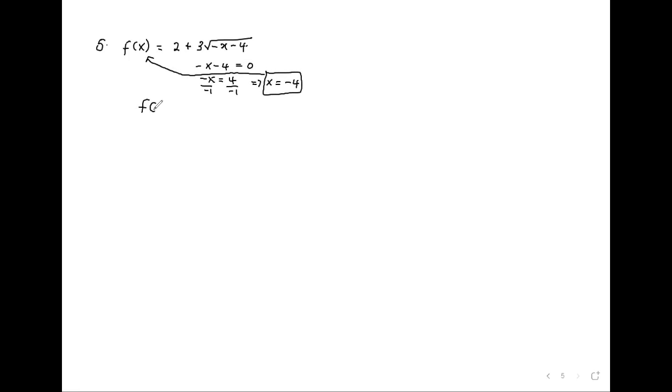So f of -4 is giving us 2 plus 3 root of -(-4) minus 4. So we'll have 2 plus 3 root of 4 minus 4, that is 2, because that is a 0 there. Root of 0 is 0, so we get 2. So the starting point is (-4, 2).